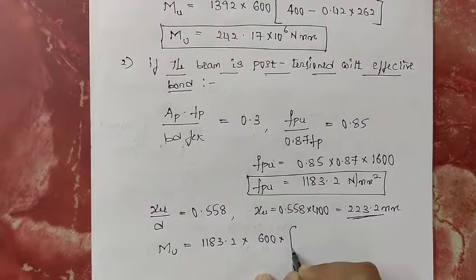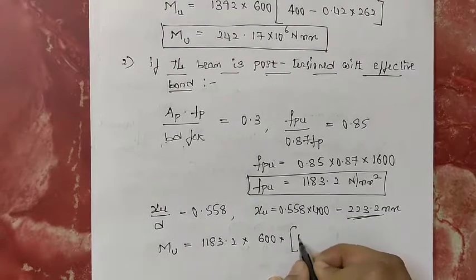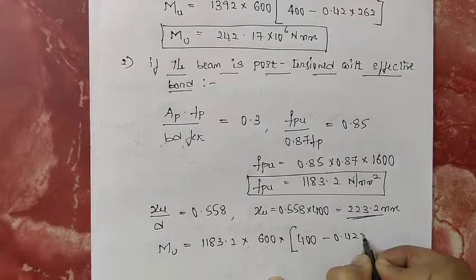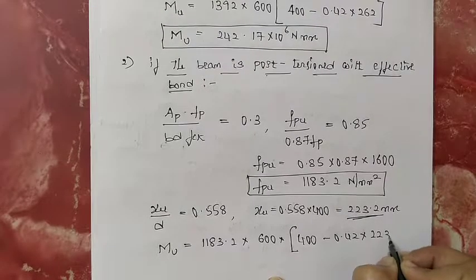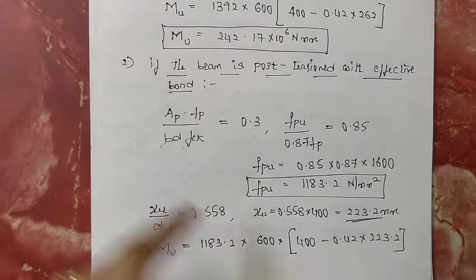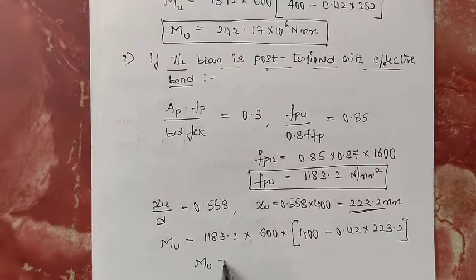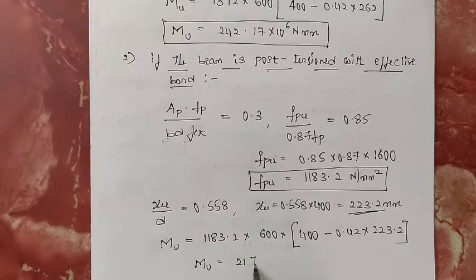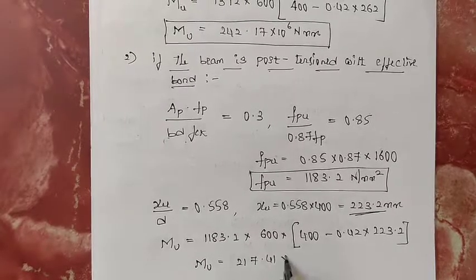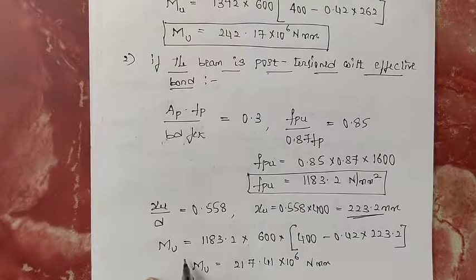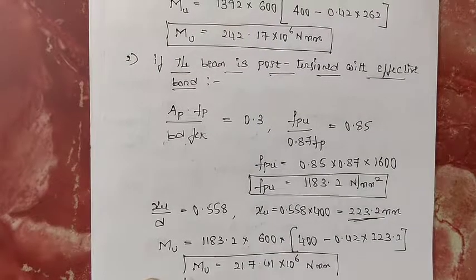That is the D value, 400, minus 0.42 into the XU value, 223.2. Upon simplification you will get Mu as 217.41 into 10 to the power of 6 Newton mm. This is Mu.